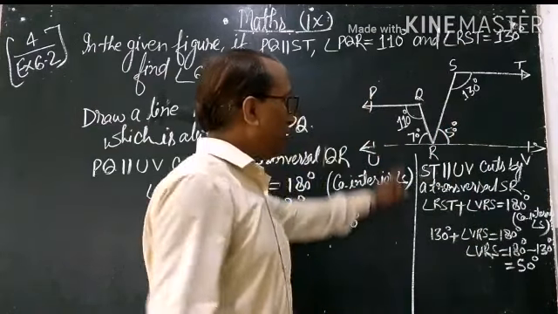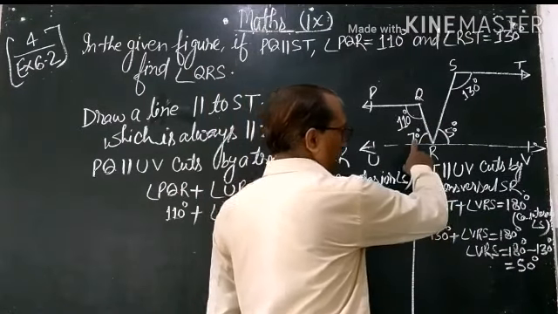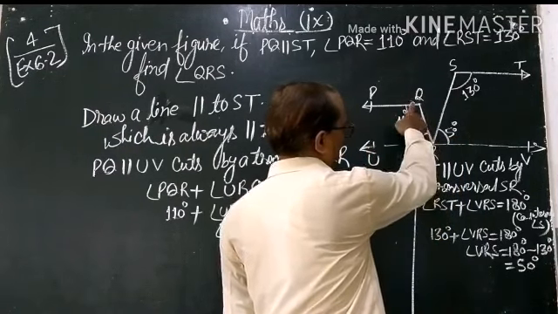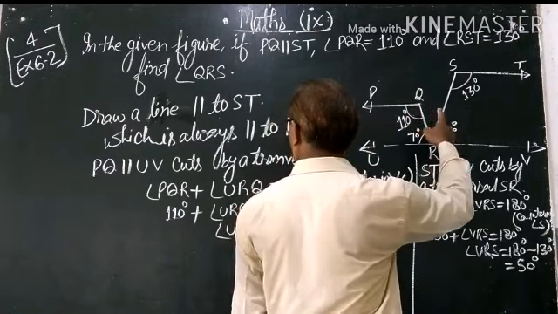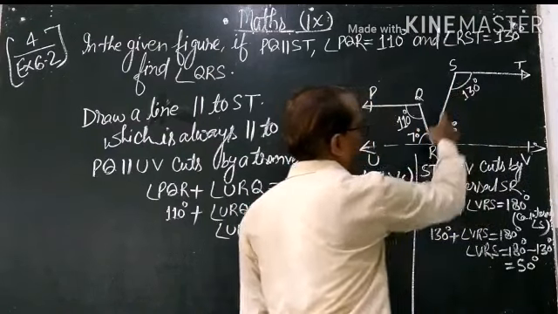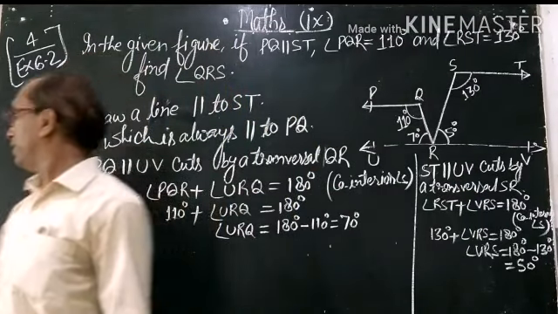Then you find out angle QRS. By the straight line property, angle URQ plus angle QRS plus angle VRS is equal to 180 degrees.